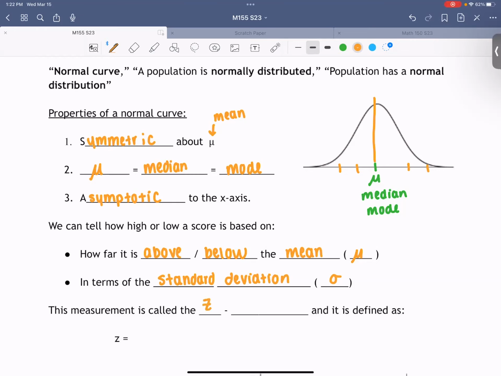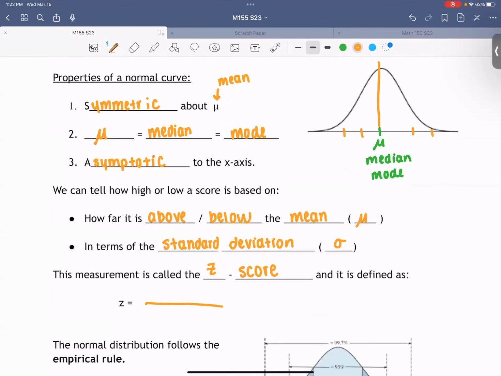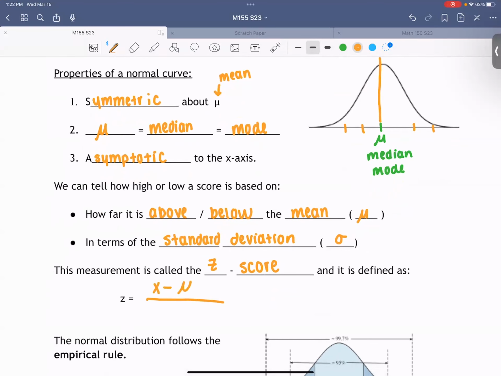And it made it really easy because it represented that in terms of the standard deviation. Does anyone remember the z-score formula? A fraction? Eric? Perfect. It was x minus mean over standard deviation. Okay. We'll get into that a little bit later, but for now, let's just leave it at that.